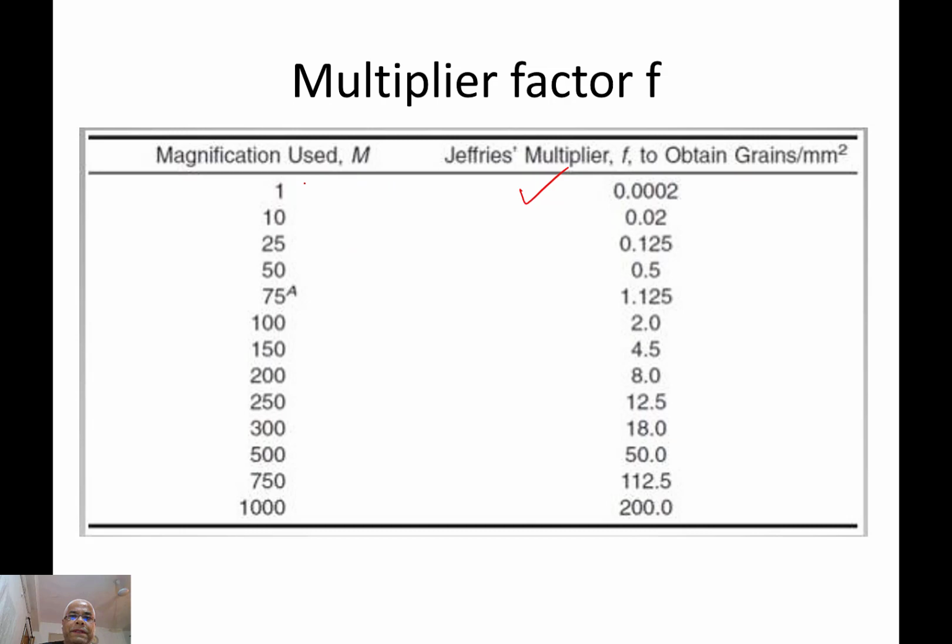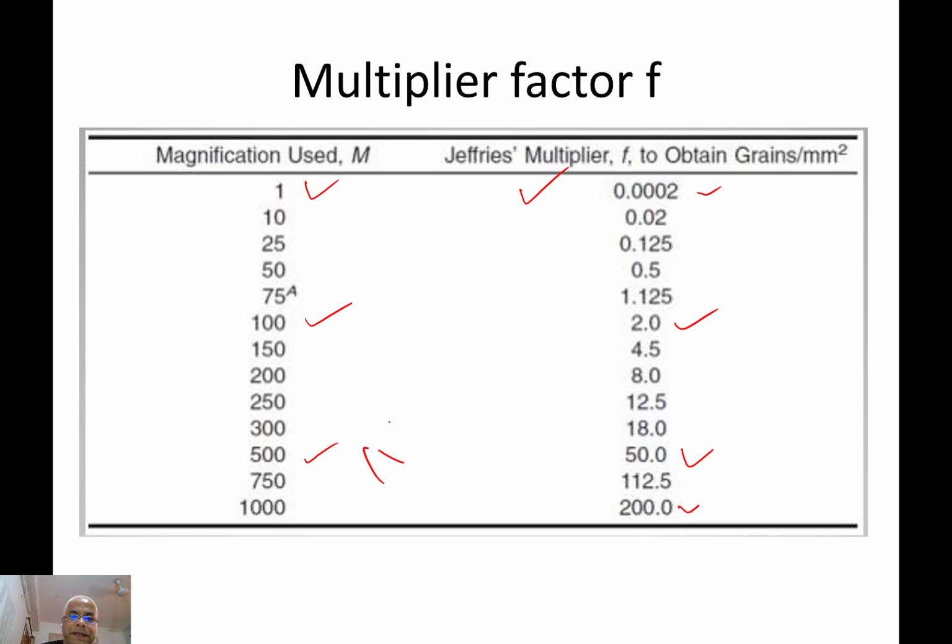If there is no magnification, it is 0.002. If it is 100 magnification, then 2 is multiplied. If it is 500 magnification, then 50 is multiplied, and if it is 1000 magnification, then 200 is multiplied.